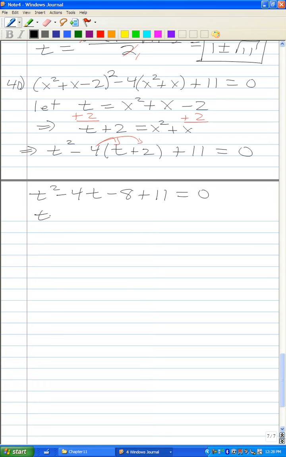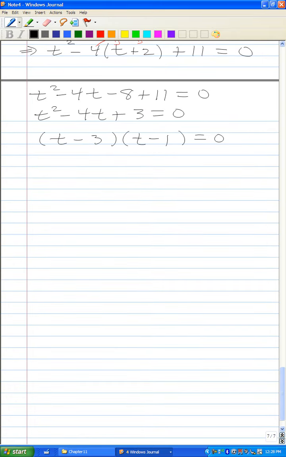Combining like terms, I get t squared minus 4t plus 3 equals 0. And so I can factor. This is a monic quadratic. So it factors as, well, bring down the minus, minus times minus is plus. I want to find two whole numbers whose product is 3 and whose sum is 4. 3 and 1. Set each factor equal to 0 and solve for t.